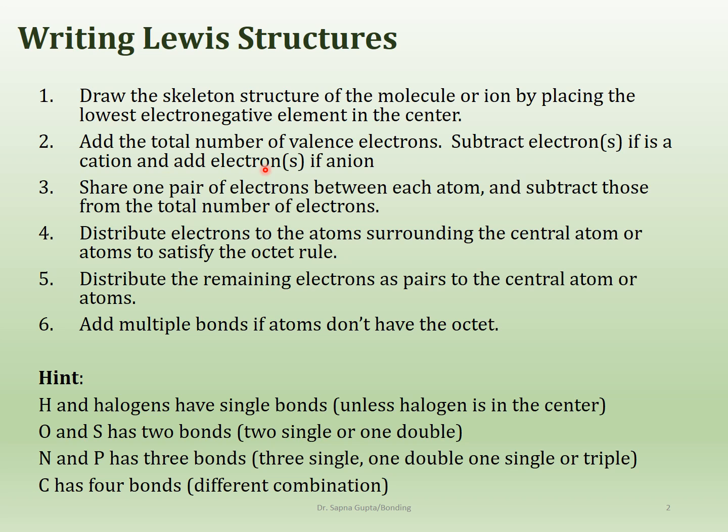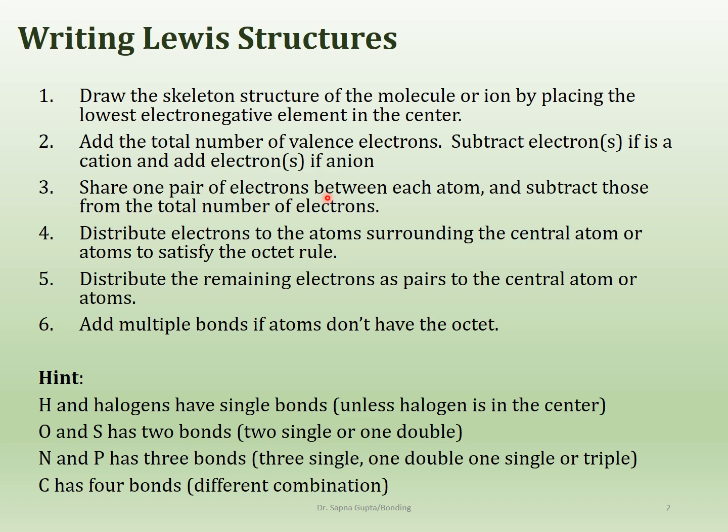So for example, for nitrate ion, you will add 1 more electron after the total valence electrons, and for sulfate, you will add the number of electrons for sulfur and 4 oxygens, and then you will add 2 more electrons because sulfate is -2.